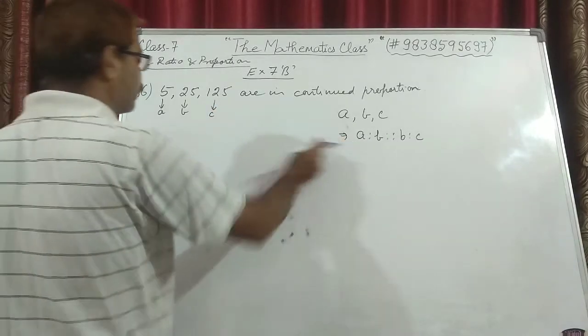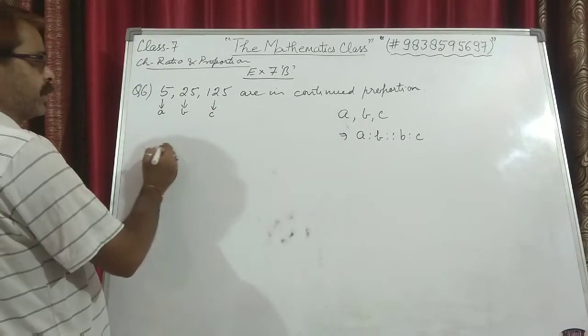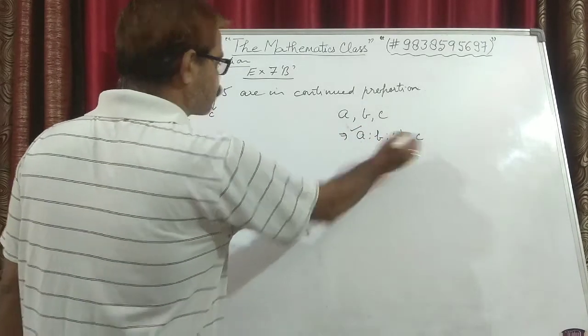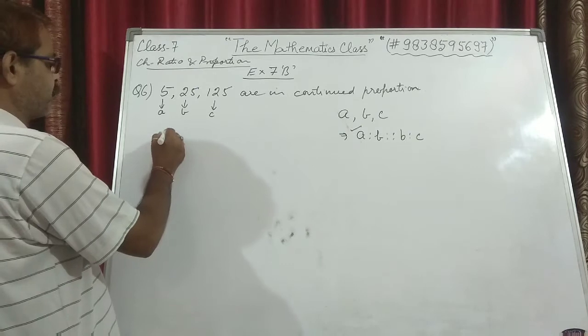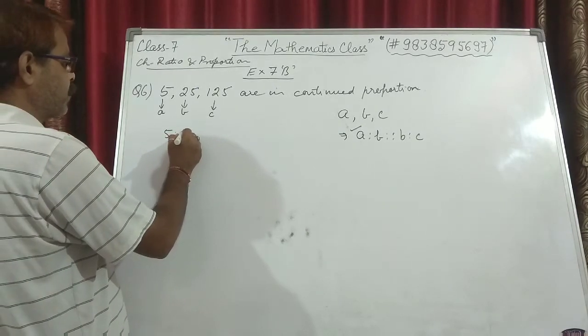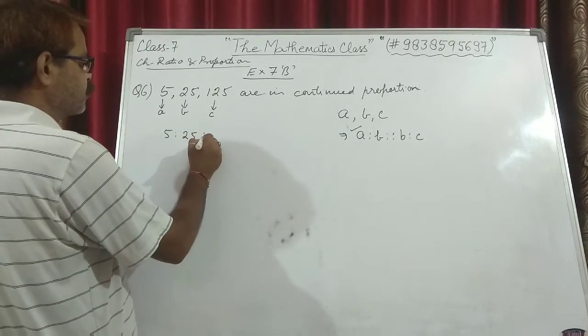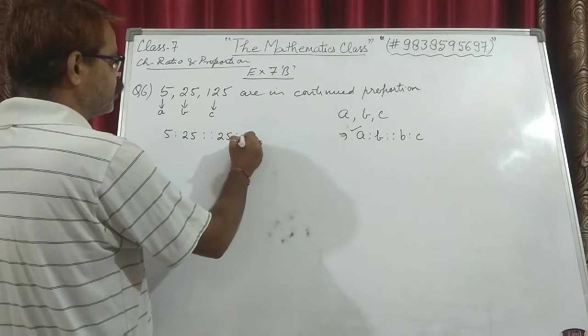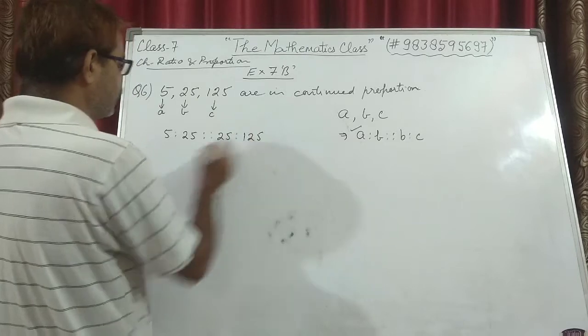We know that for three numbers to be in continued proportion, this is the condition: A is to B proportional to B is to C. So 5 is to 25 proportional to 25 is to 125.